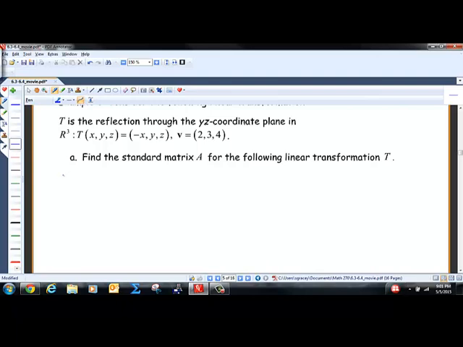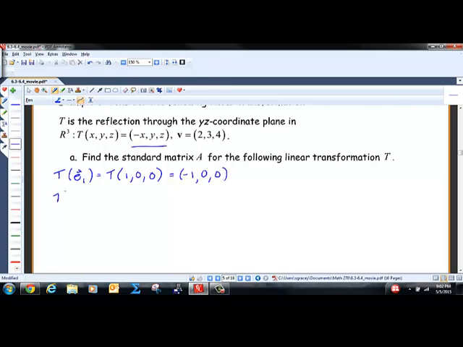So what do we do? Good. We need to find T at e1, which is going to be T evaluated at 1, 0, 0, which is equal to negative 1, 0, 0. So I'm plugging that into these guys.